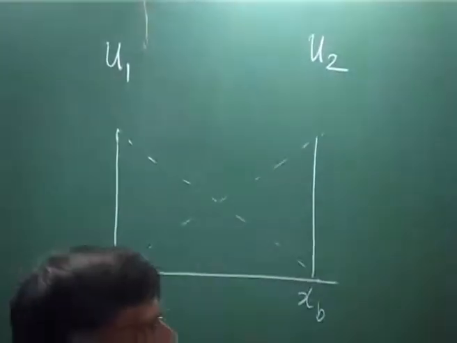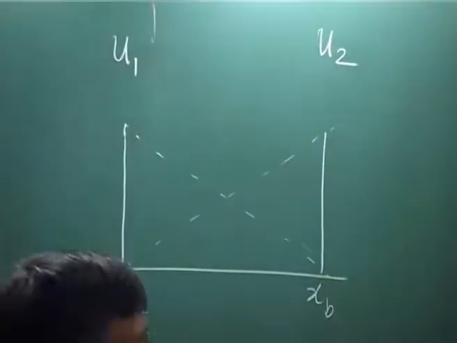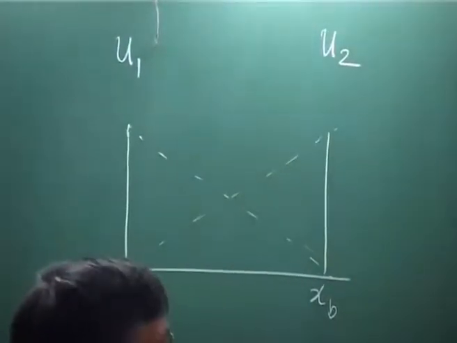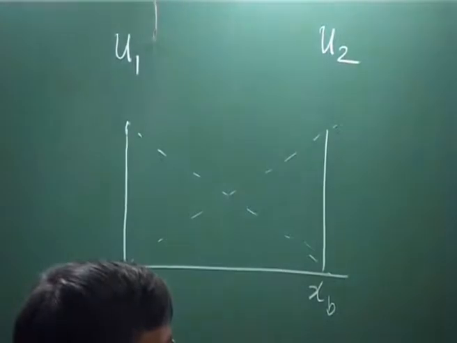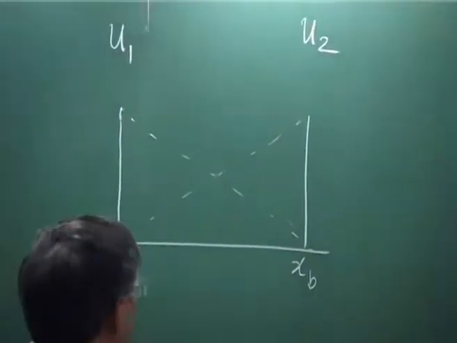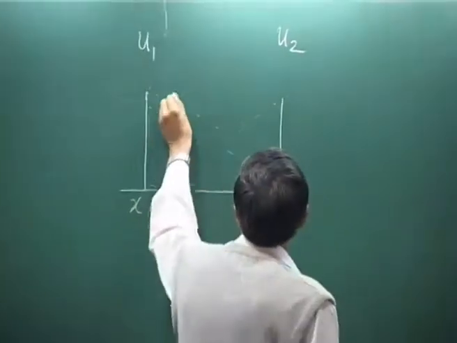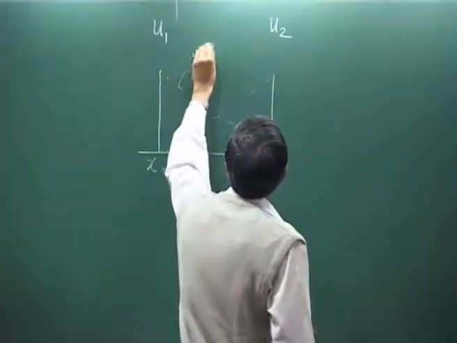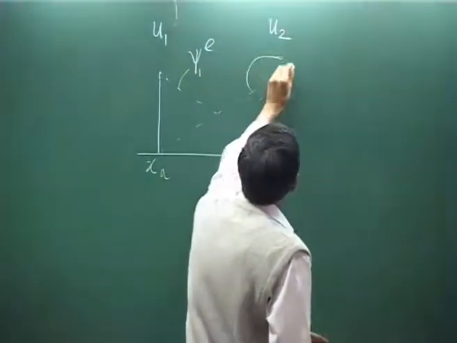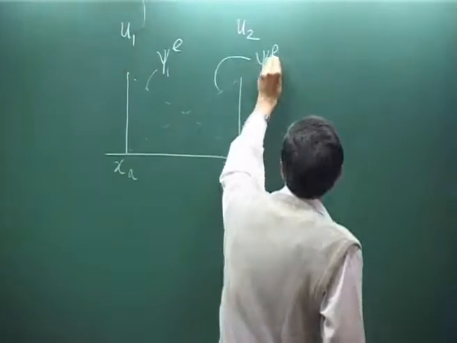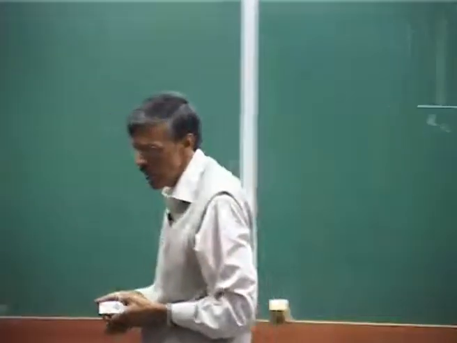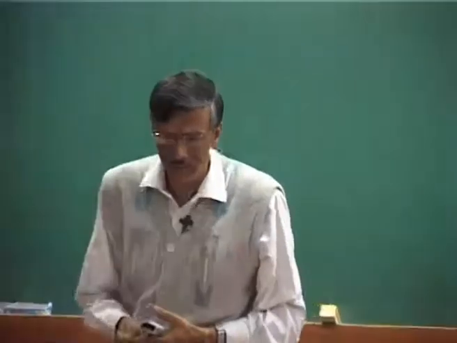That function is this: this is your psi 1e and this is our psi 2e. This is the way you write it.